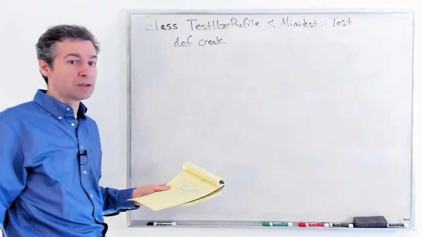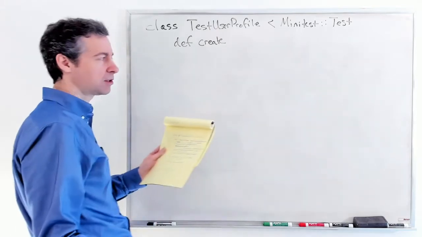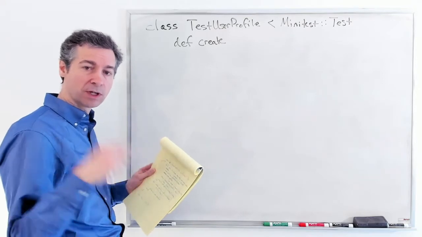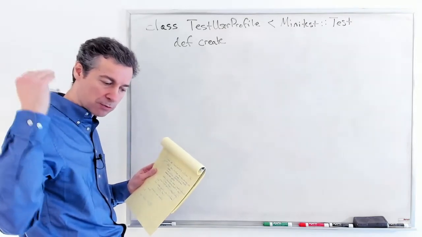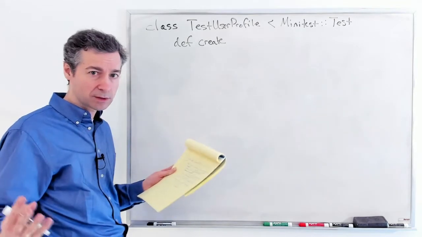So if you want a method to help you with your testing, make a method to help you with your testing. It's only the methods that start with test underscore that are going to be run as a new test, but those methods can call any other method that they want.